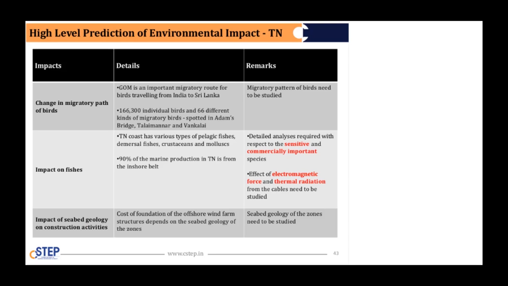So detailed analysis is required with respect to sensitive and commercially important species, because if there are certain commercially important species in certain locations, those will need to be analyzed for development. There's an effect of electromagnetic force and thermal radiation from cables that needs to be studied on fishes. This is all with respect to Tamil Nadu.